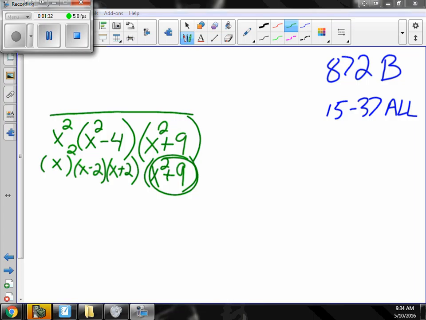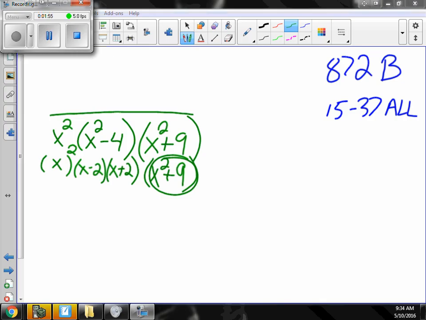So anytime you're doing partial fraction decompositions, you look at the unique factors, and every one of those unique factors gets its own partial fraction, its own denominator. But if any of those linear factors show up more than once, you have to list it and the square of it.